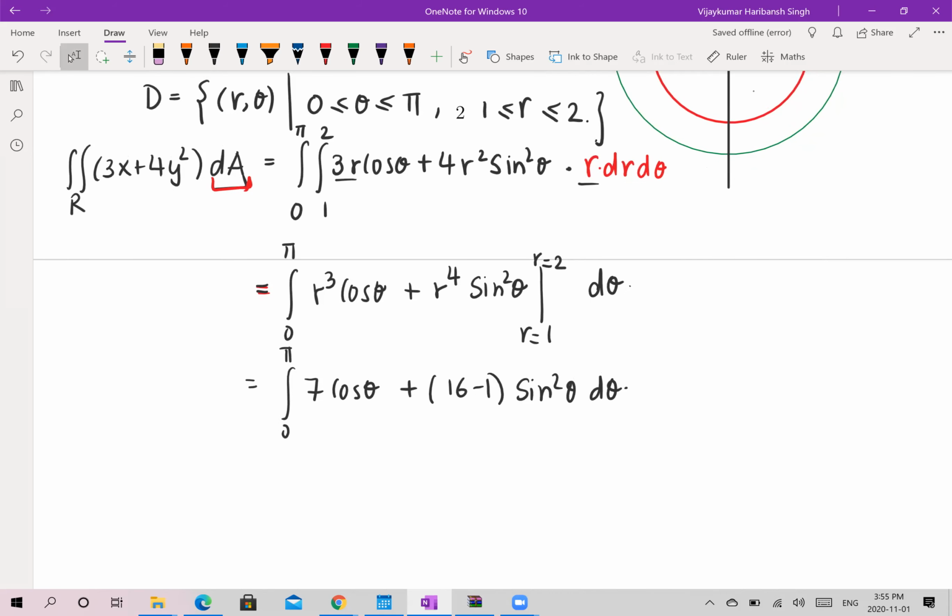And then this can be integrated in the following way. Again, 0 to pi 7 cos theta plus 15 by 2.